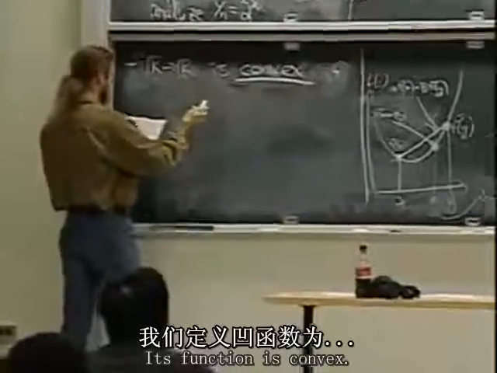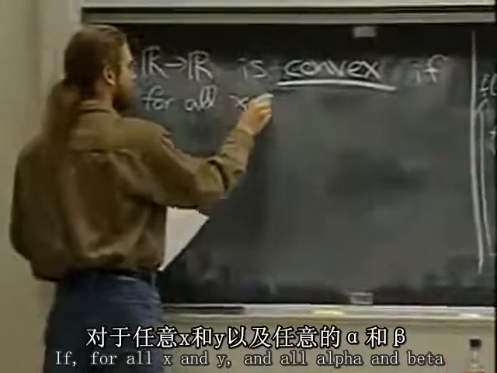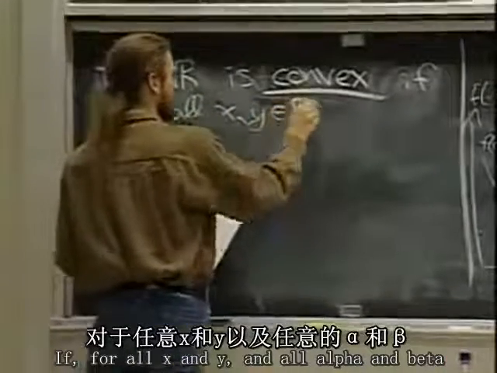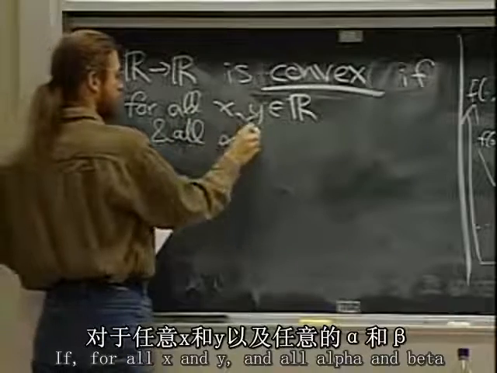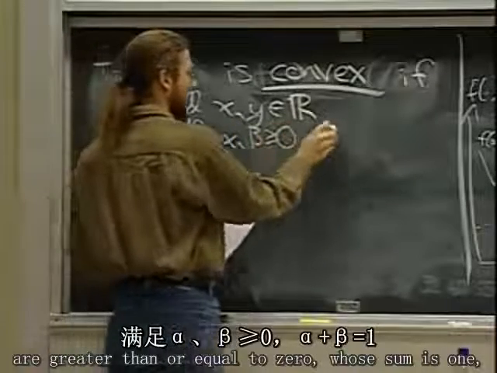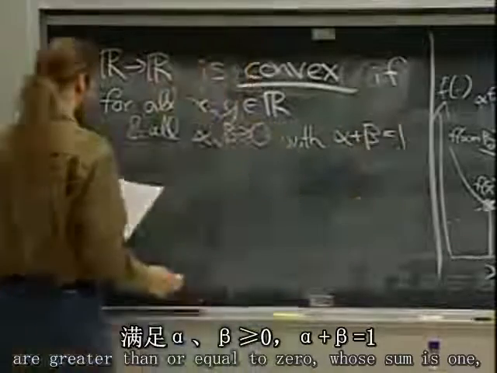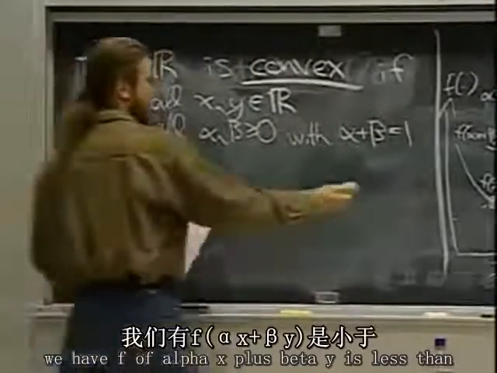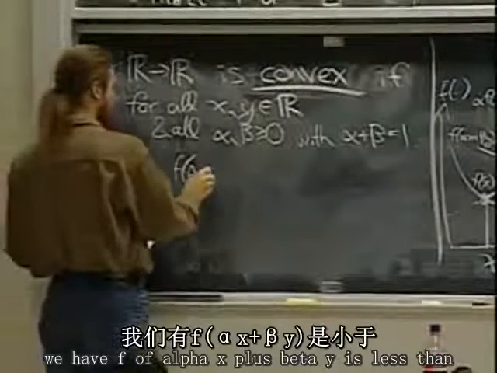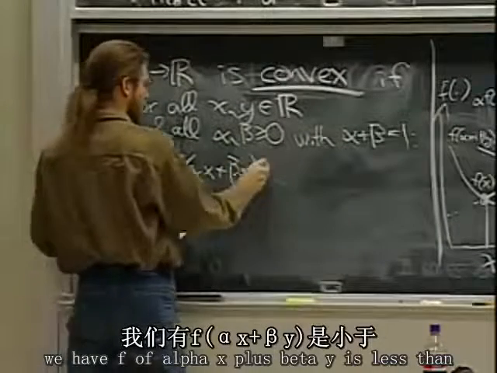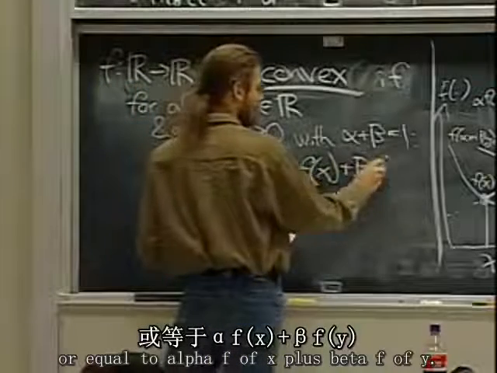A function is convex if for all x and y, and all alpha and beta greater than or equal to 0, whose sum is 1, we have f of alpha x plus beta y is less than or equal to alpha f of x plus beta f of y.